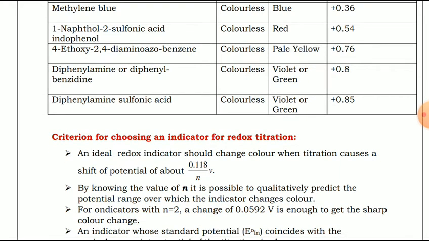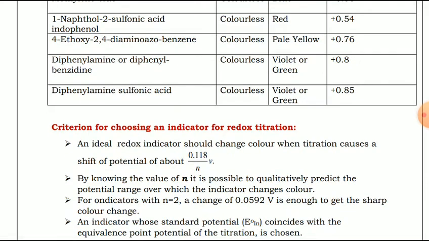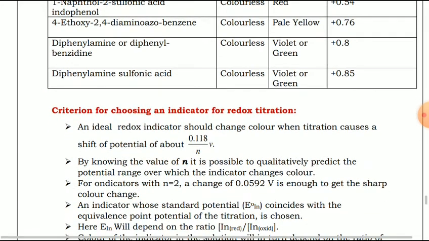An indicator whose standard potential E naught IN coincides with the equivalence point potential of the titration is chosen. Here E IN, the electrode potential of the indicator, will depend on the ratio of indicator in reduced form upon indicator in oxidized form.